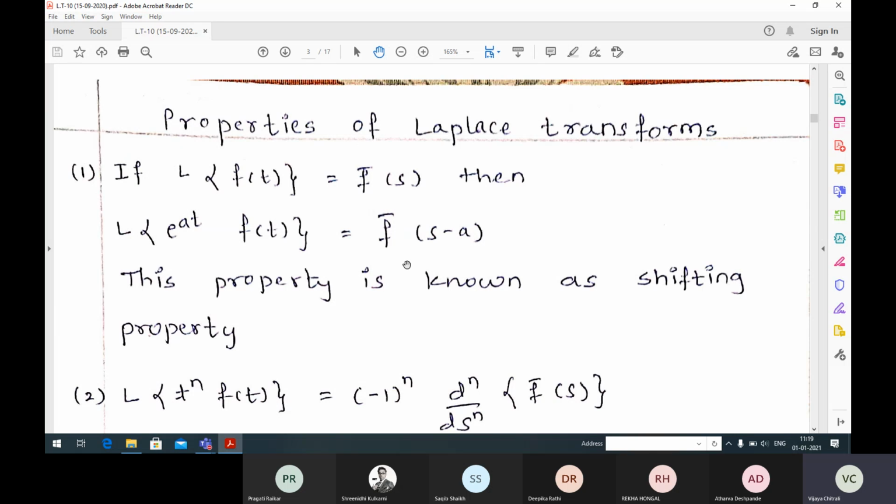Laplace transform of f of t is f bar s by definition, and when this function is multiplied by e raised to at, this s changes to s minus a. So this property is known as shifting property, right?